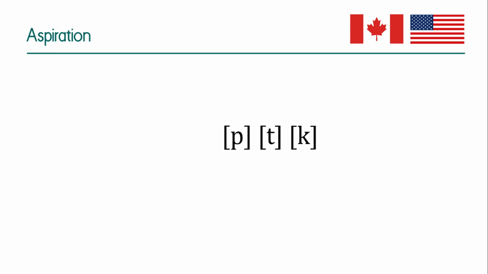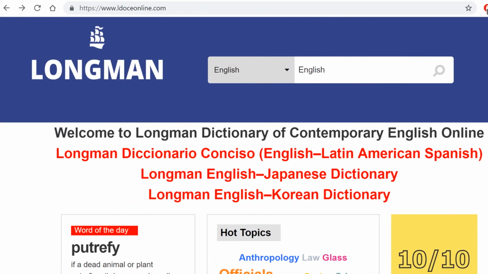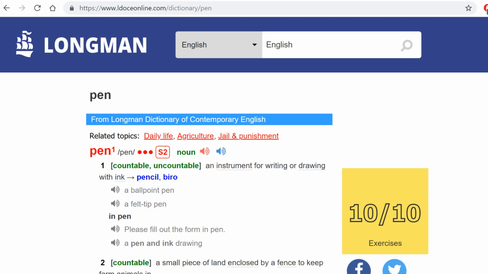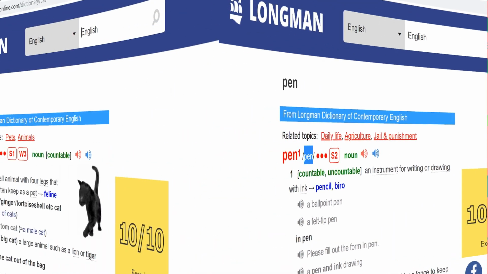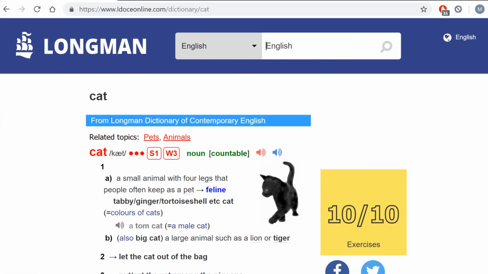because even when you go to a dictionary, let's go to a dictionary now. If you go to any dictionary, pen, you don't see any aspiration because aspiration is narrow transcription. If you look up the word cat, you wouldn't see aspiration here, because a general dictionary of a language, which you can refer to even for language learning purposes, doesn't provide you with narrow transcription details.